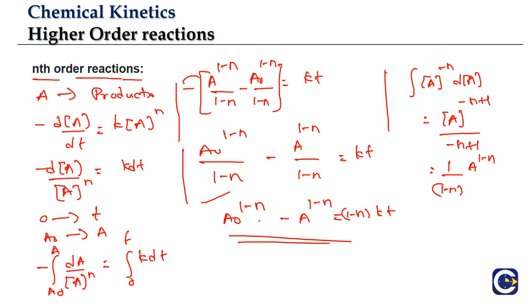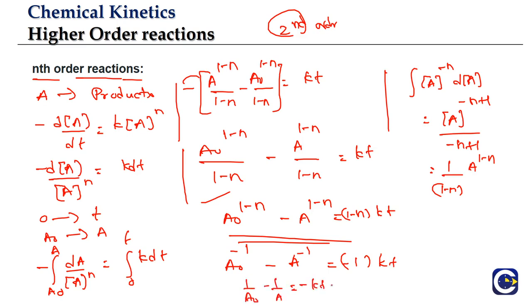And we can see that if we are talking about the second order reaction, we can even verify if it is fitting the second order reaction or not. So this we can use for all the reactions starting from the second order, not for the 0 order or the first order. So if you put n is equal to 2, what we are going to have, a naught power 1 minus 2 is minus 1 minus a power minus 1 is equal to 1 minus 2 is minus 1 into kt, which is 1 by a naught minus 1 by a is equal to minus kt.